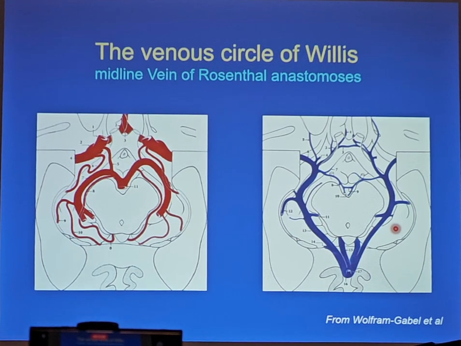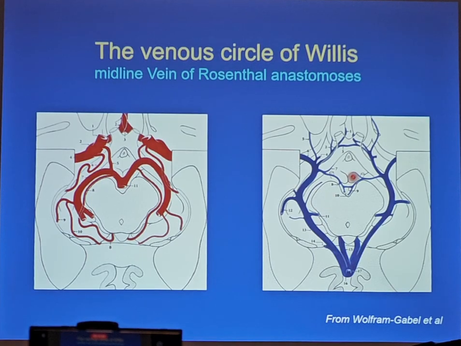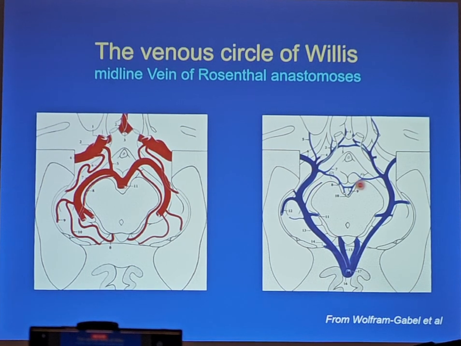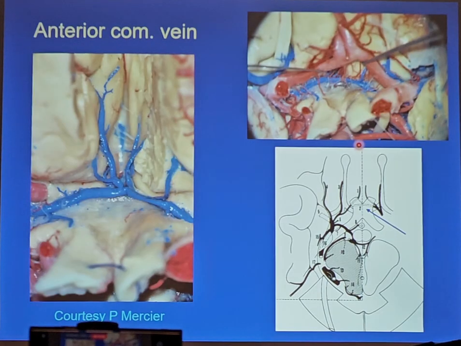drainage territory. A little bit more, because most of us are not too familiar with this venous circle of Willis, we're going to look at examples and the presence of this venous circle, as is shown on this diagram.